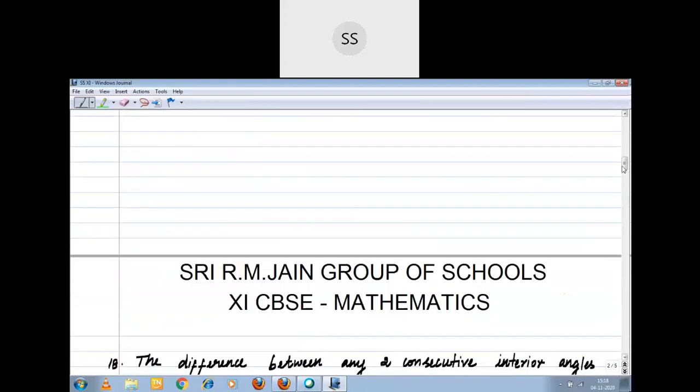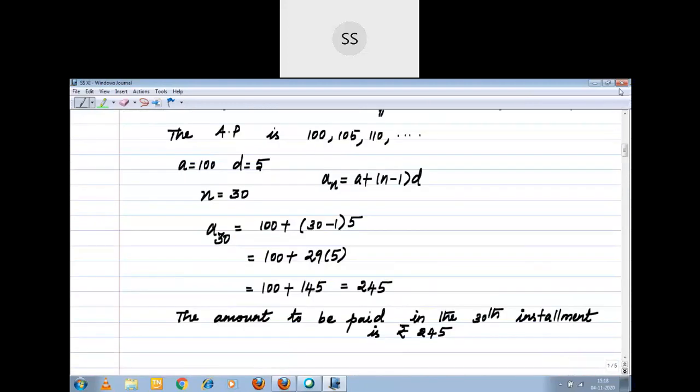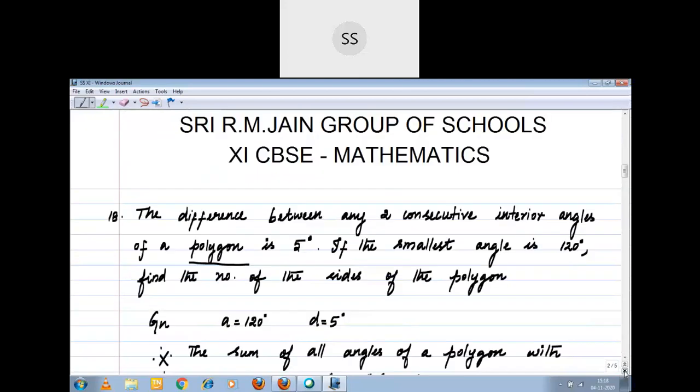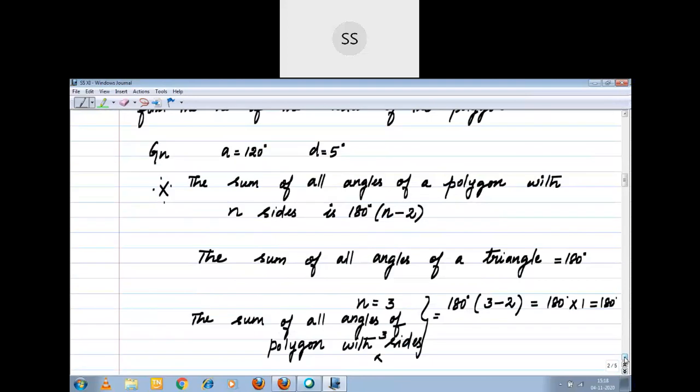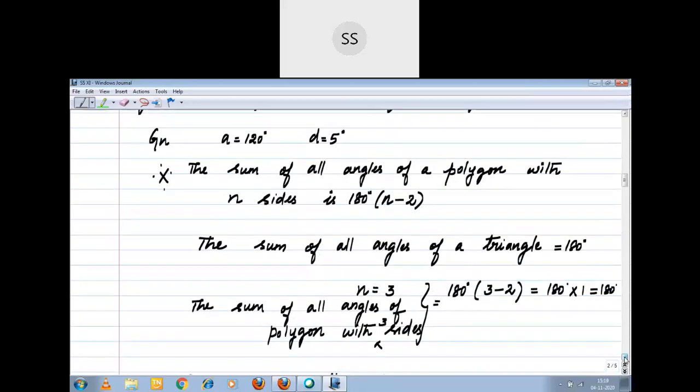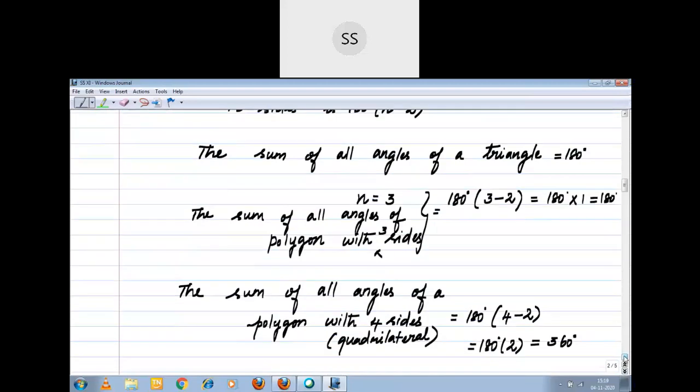Sum of all angles of a triangle, you know, is 180 degree, right? Sorry, children. So I proved the sum of all angles of a polygon with 3 sides equal to 180 degree into 3 minus 2, that is 180 degree. Polygon means a 3 or more than 3-sided closed figure, right?